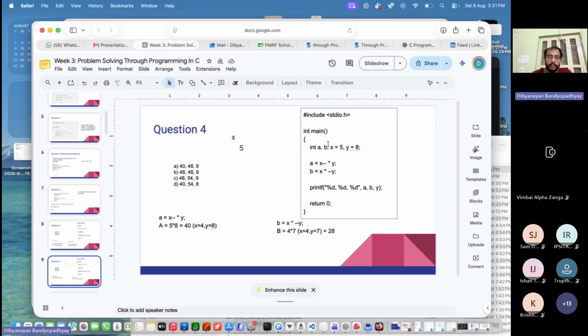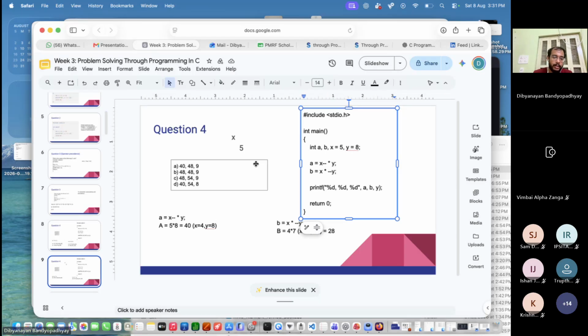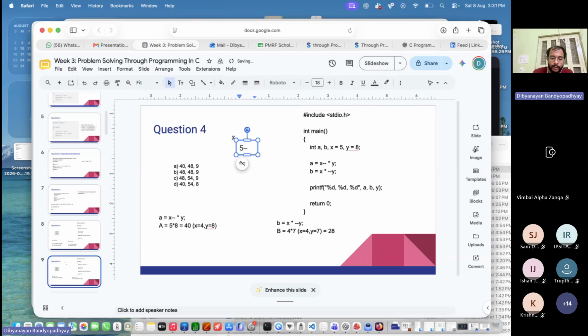So basically, you see the value minus minus. So you push it in the stack. After getting the value 5, let's say. So let's do it like that. So 5 minus minus into 8. Let's say this is the expression that you need to evaluate. So how is it done? You push the value 5 to a stack.